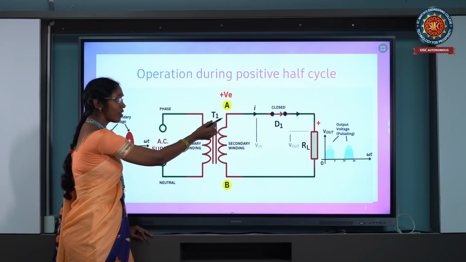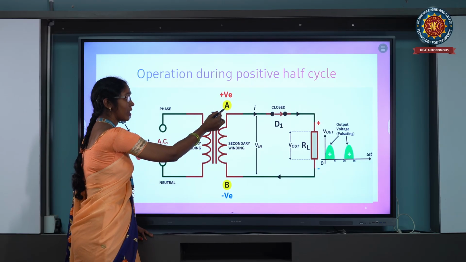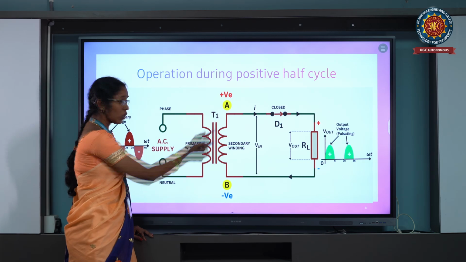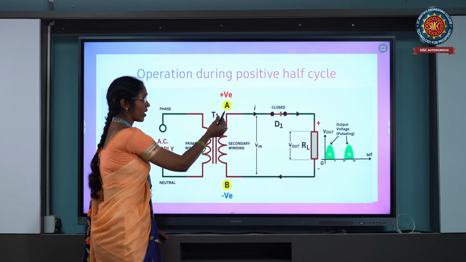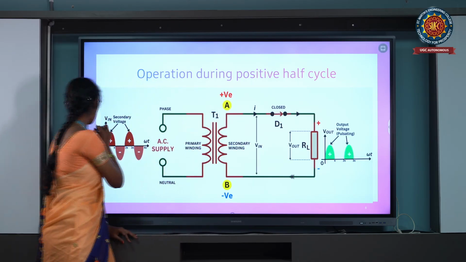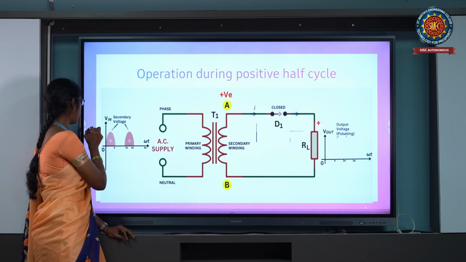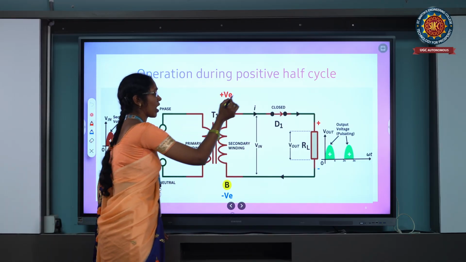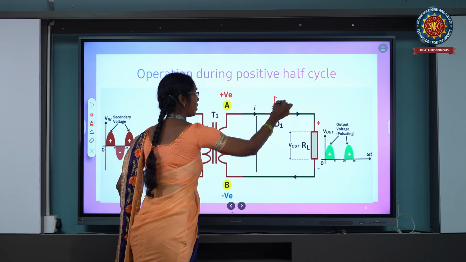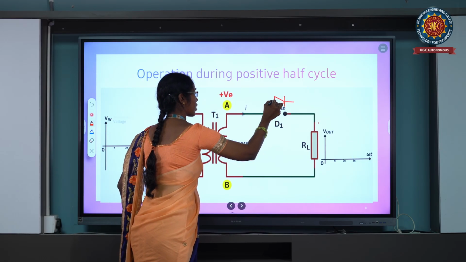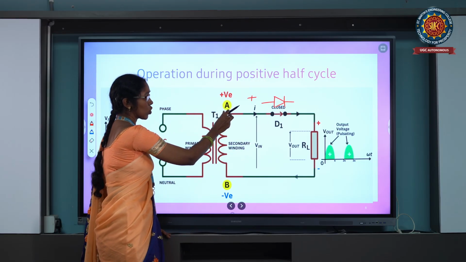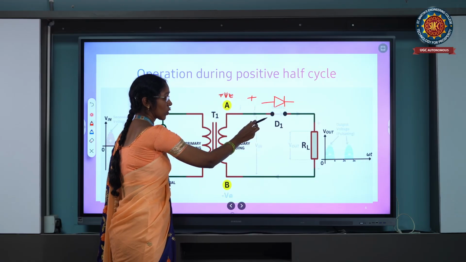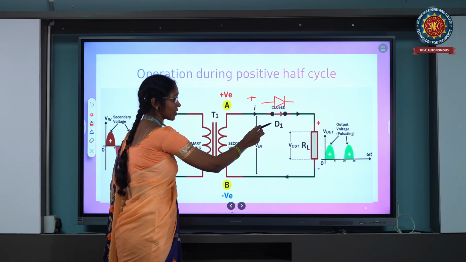During the positive half cycle, end A becomes positive and end B becomes negative. Due to that positive voltage connected to the anode terminal of the diode, the diode acts as a closed switch in forward bias condition.